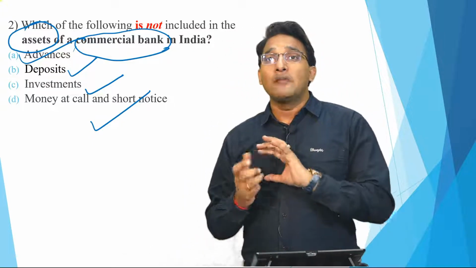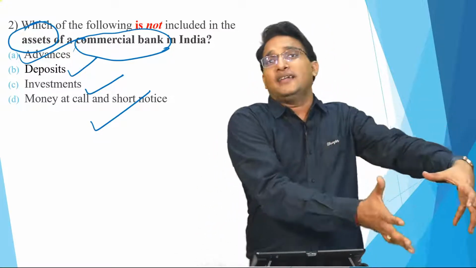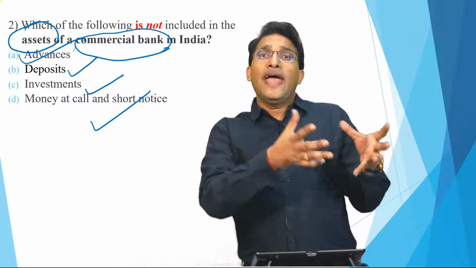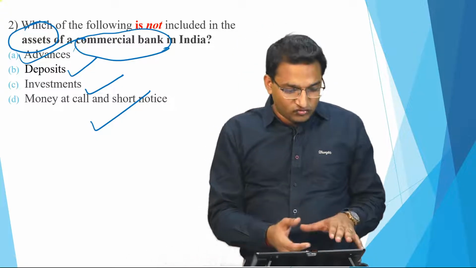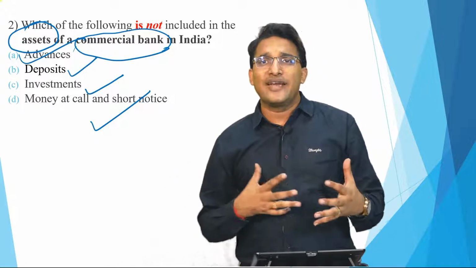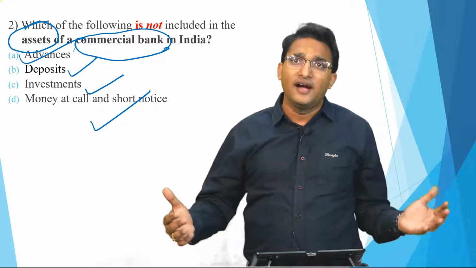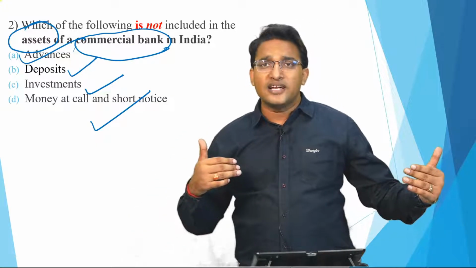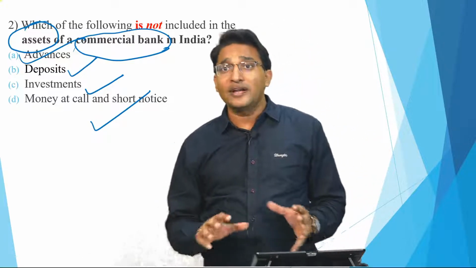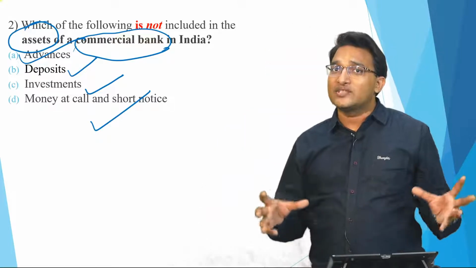Investment means the amount which has been invested into the market, maybe in the form of government security or any other security. Last is money at call and short notice. This is the money transaction that happens between banks. For example, Punjab National Bank and the State Bank of India can transact money with each other for a short period of time.